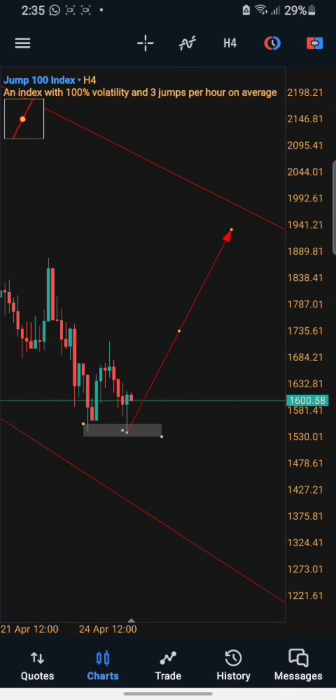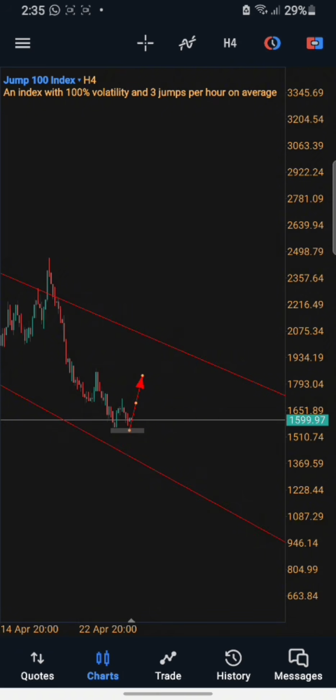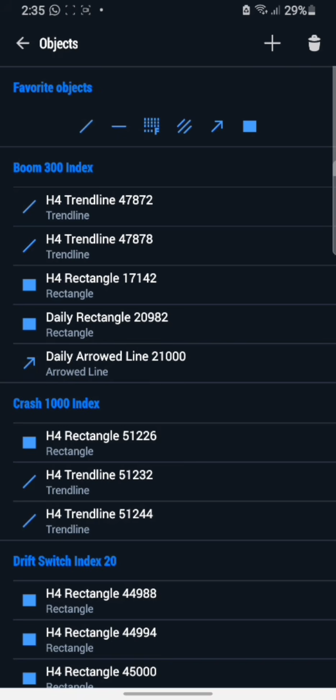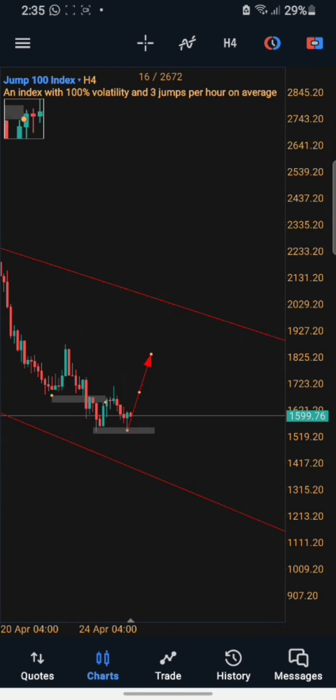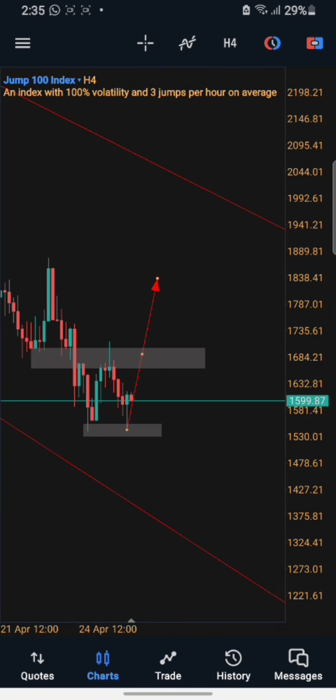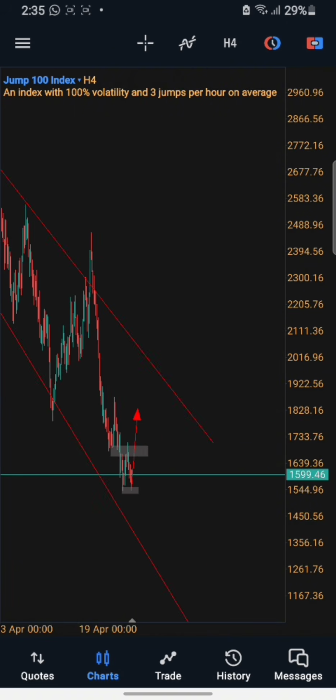In the 4-hour time frame, there was sort of a double bottom that was formed. So as you all know, a double bottom is followed by an uptrend. And that order block is marking the neckline, that is the area of resistance that was created.